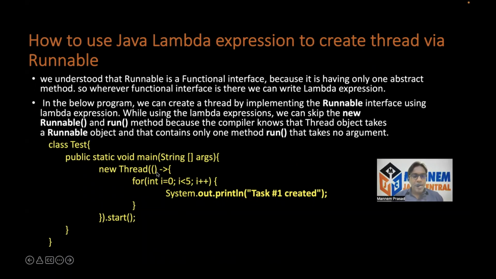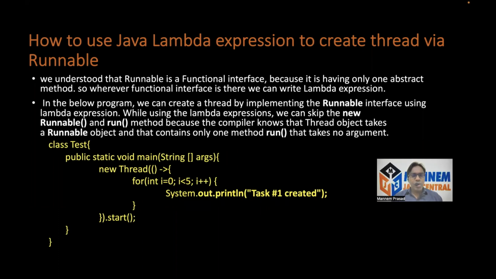If you see here, run method of Runnable functional interface does not contain any parameter. That's why I have taken empty braces and arrow operator, and I have opened the curly braces in order to provide my thread logic. And this entire lambda expression logic I supplied to Thread class constructor. And at last I have used start method to execute the run method, which was implemented with lambda expression.